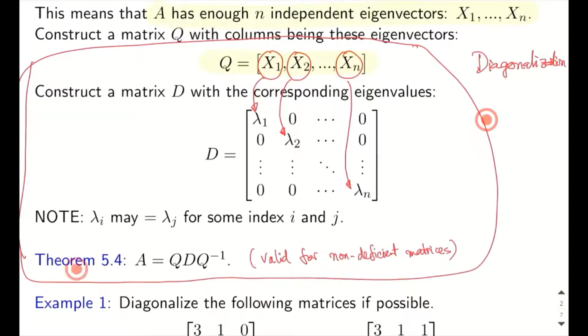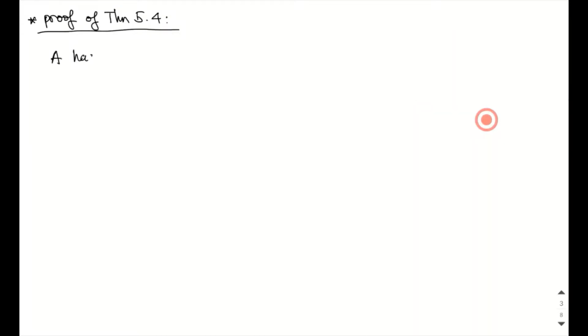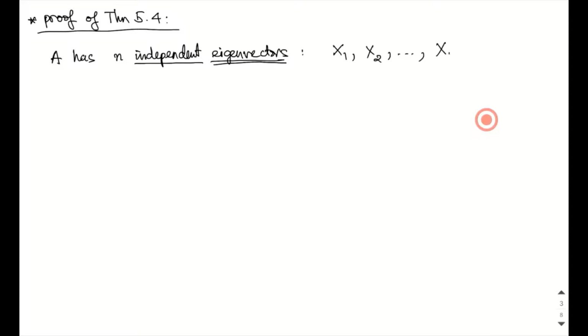Next, I'm going to prove theorem 5.4. A has n independent eigenvectors x1, x2, xn, and each of the eigenvectors is associated to an eigenvalue lambda 1, lambda 2, lambda n.